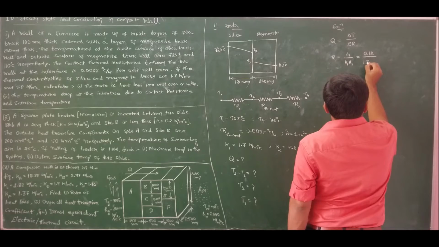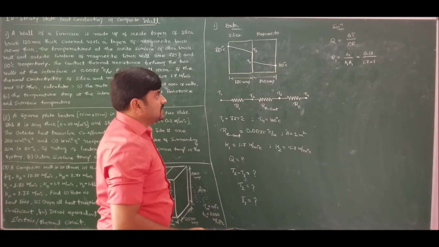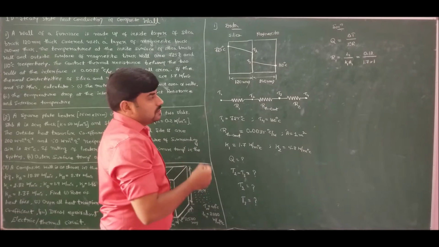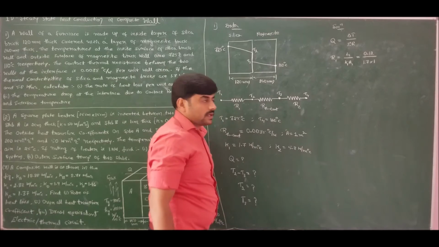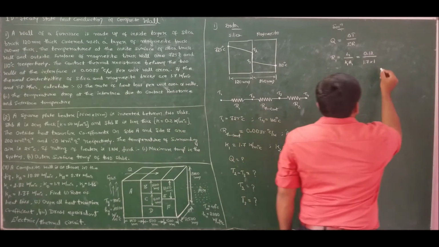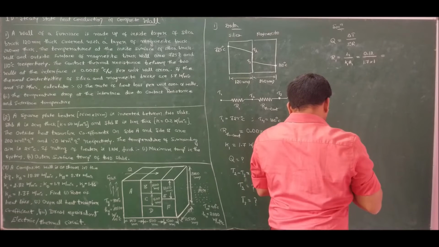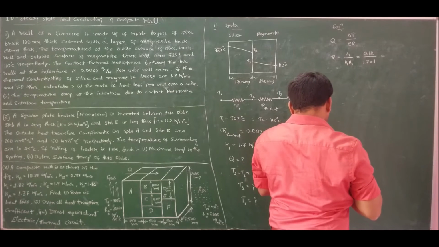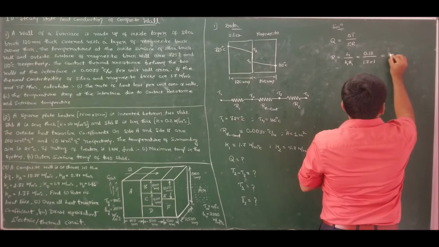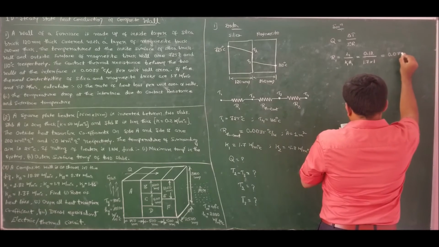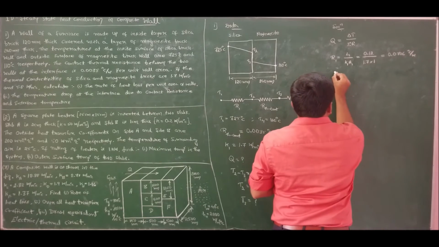Thermal conductivity is 1.7 and area is 1 meter square. Always, if area is not specified for walls, you assume the area is 1 meter square and solve. Here he has mentioned the area as 1 meter square. Now, the answer is turning out to be 0.12 divided by 1.7, which is 0.0706 degrees Celsius per watt.